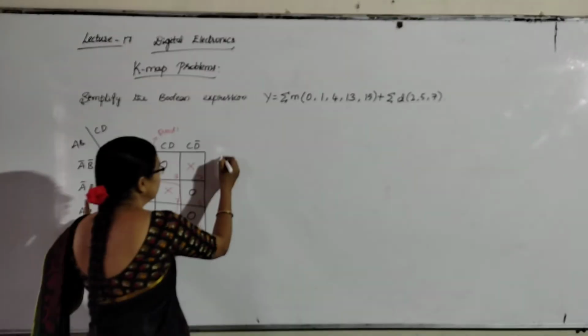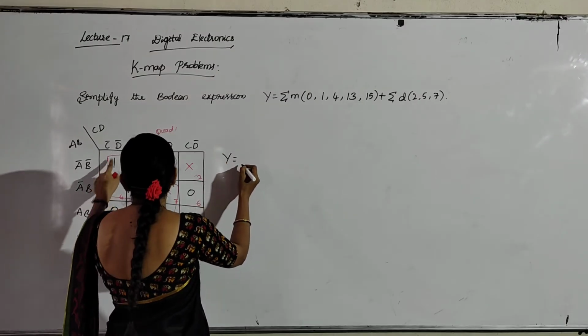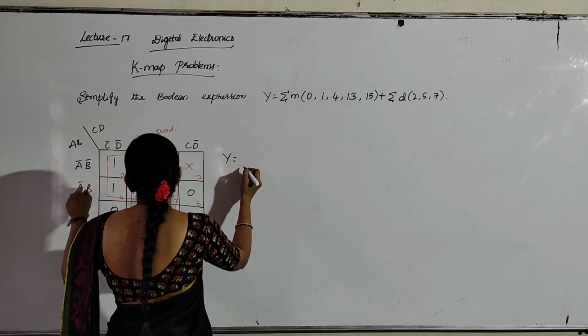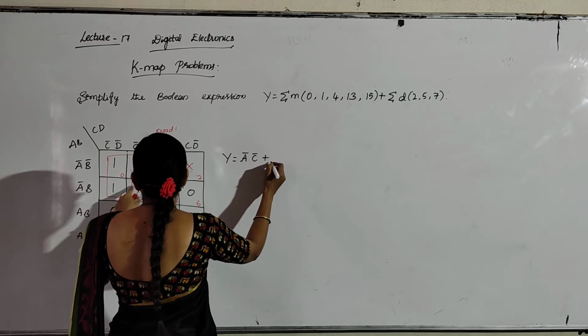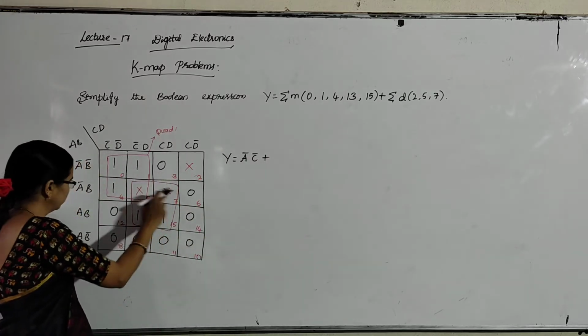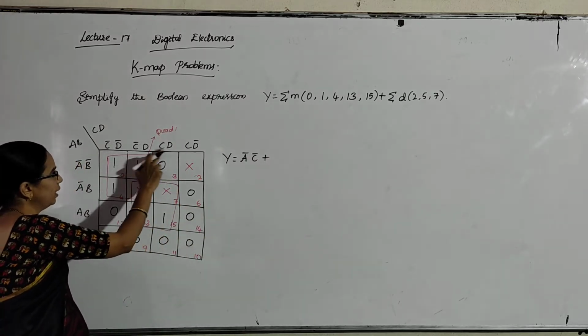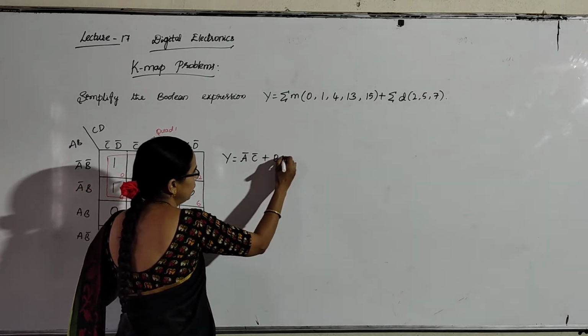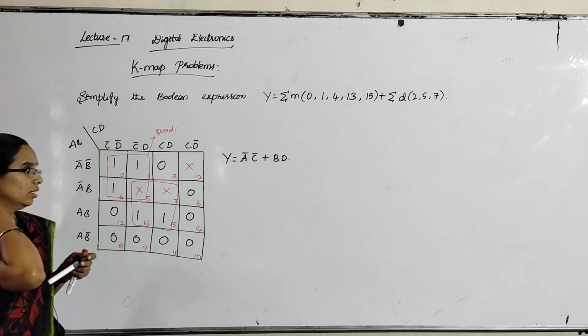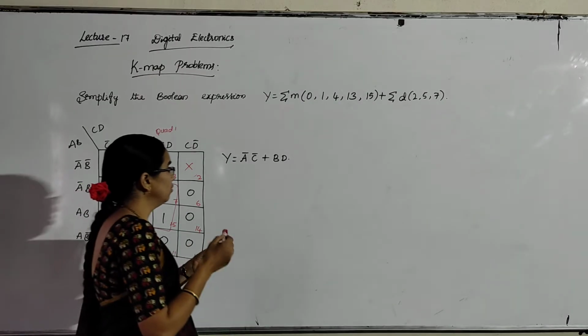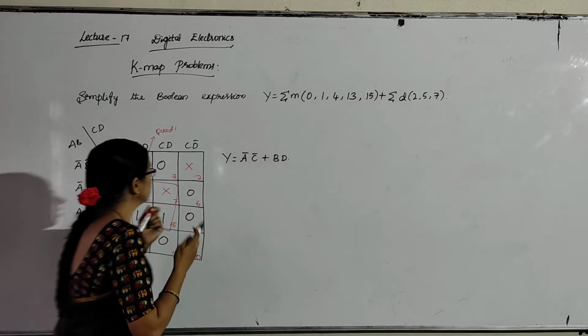So here the expression will be: for this quad, A bar is common and C bar is common, plus for this quad, B is common and D is common, B D. Okay. So we'll draw the logic circuit.